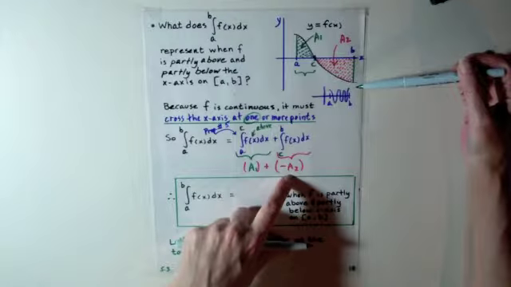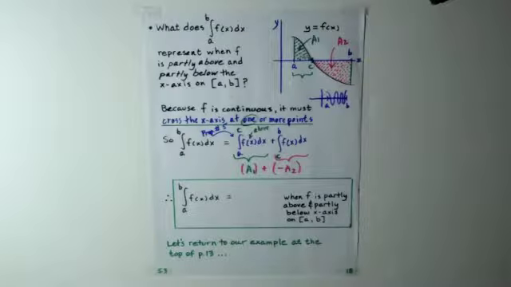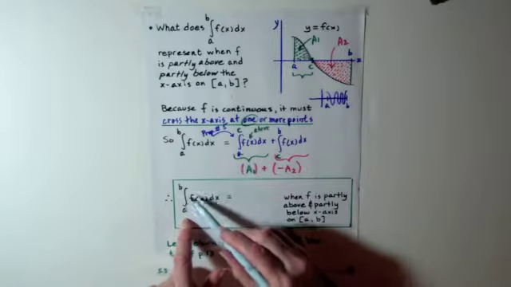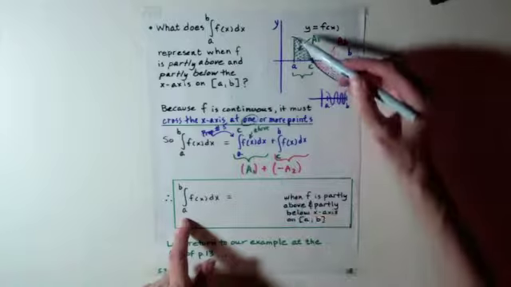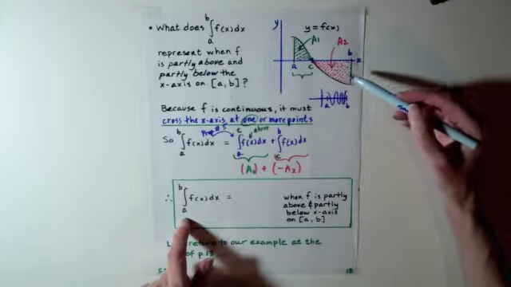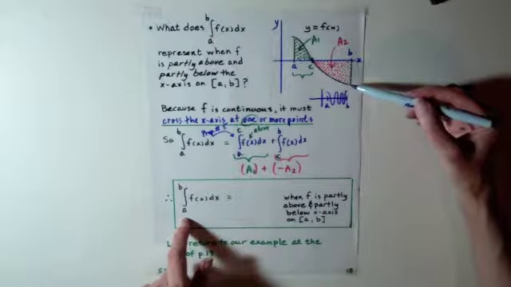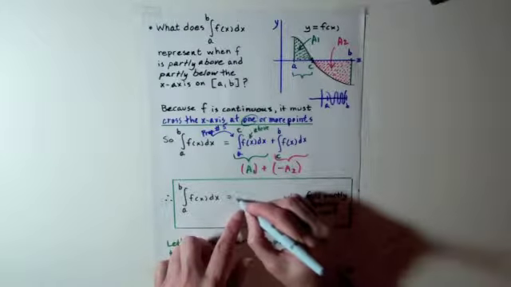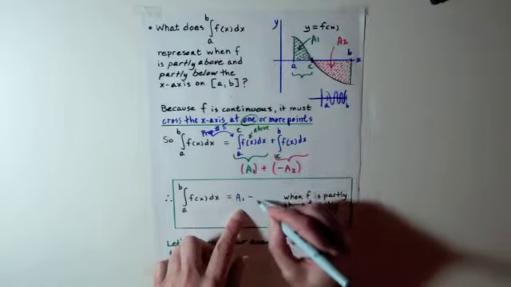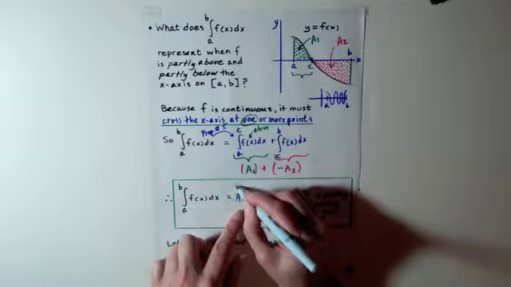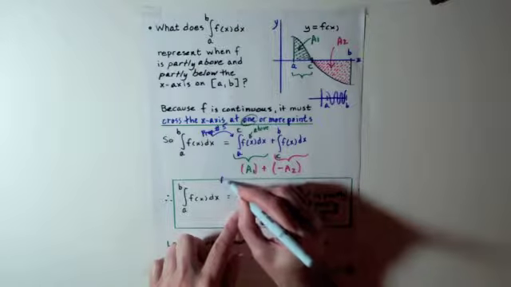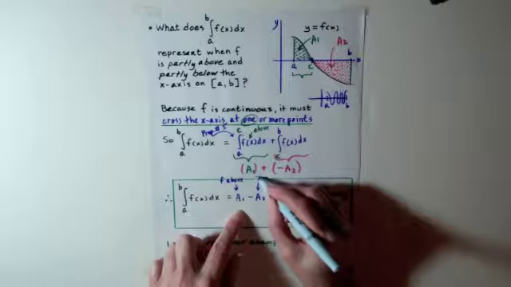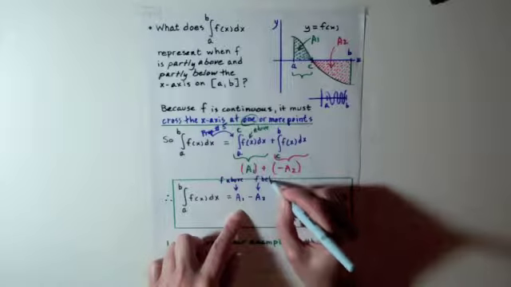So let's summarize inside our green box here. That means that this definite integral from A to B of f of x dx doesn't equal the total positive area between our black curve and the x-axis. It isn't A1 plus A2. It's actually A1 minus A2, where A1 corresponds to the portion where f is above the x-axis, and A2 corresponds to the portion where f is below the x-axis.